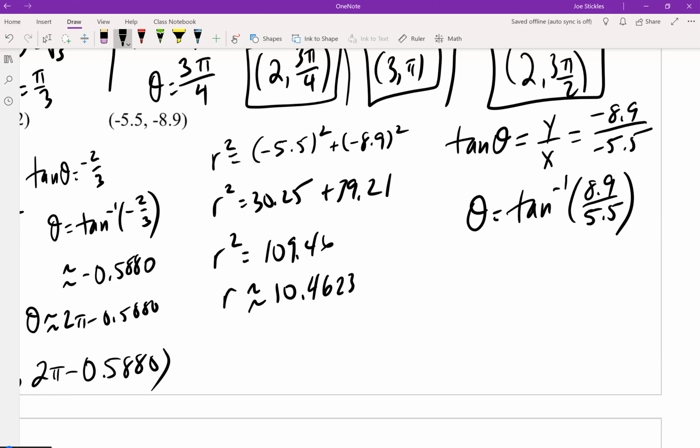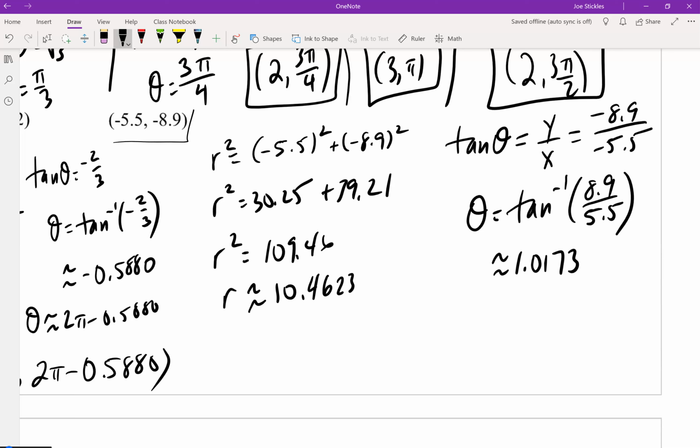Notice that the negatives go away. Makes our inside fraction positive. So I'll do the 8.9 and divide it by the 5.5 and do the inverse tangent of it. And I get approximately 1.0173. Okay, now again, this is where it gets a little trickier because I have to be careful. Remember, when I do the inverse tangent, it always gives me an angle in quadrant 1 or quadrant 4.